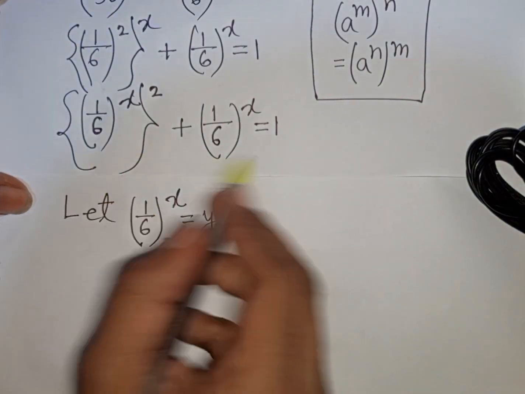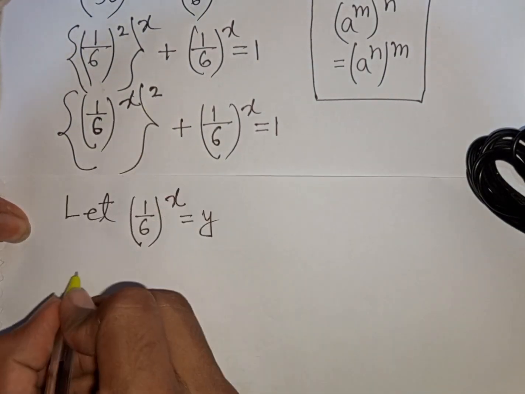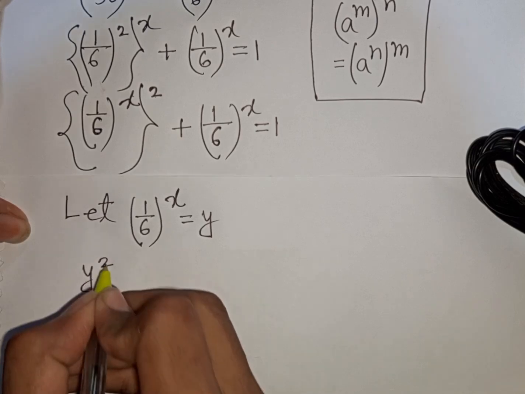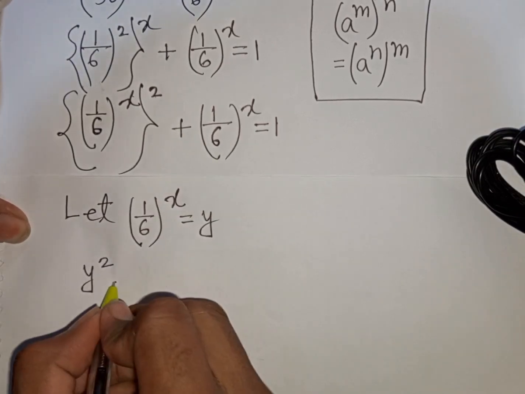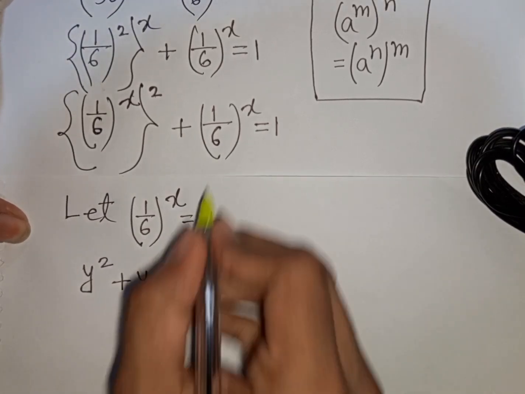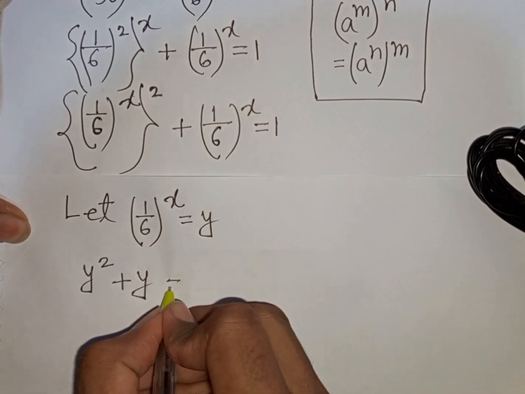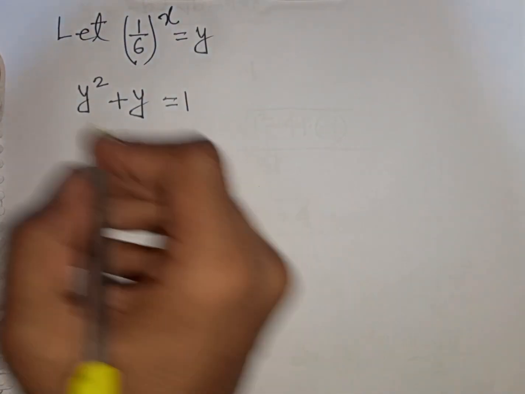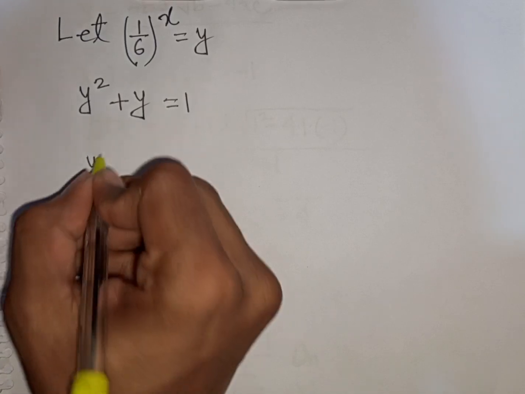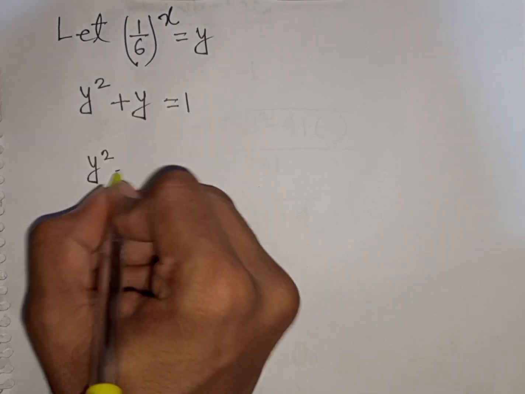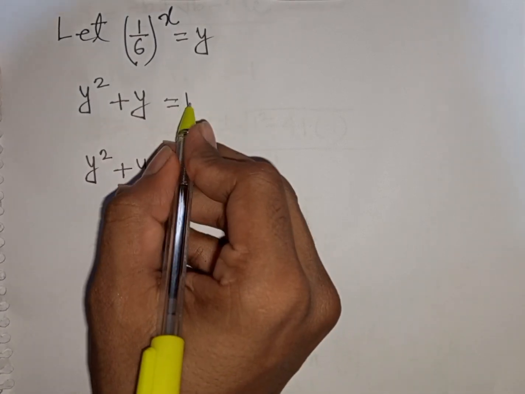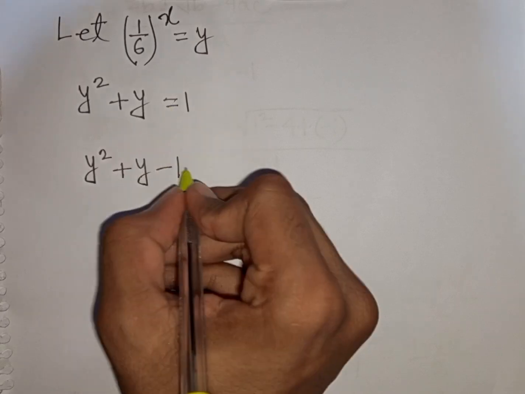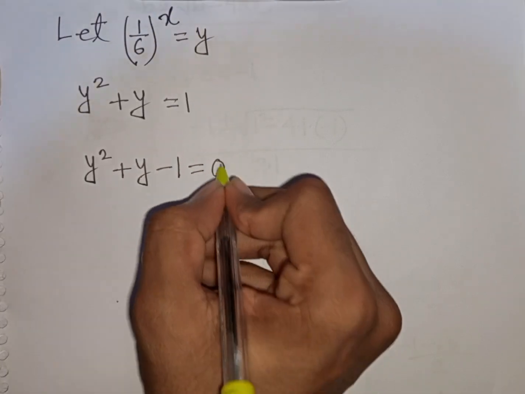So our equation will be y square plus y is equal to 1. Now I can write y square plus y, then this plus 1 taken to the left side will be minus 1, is equal to 0.